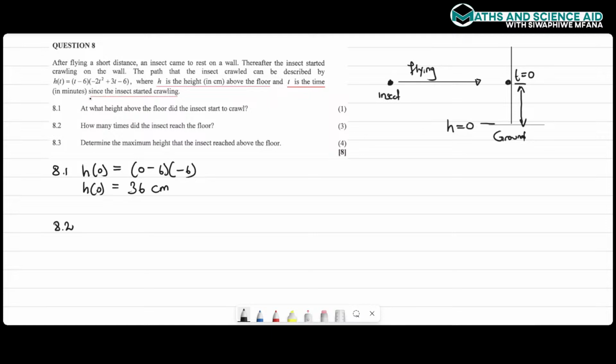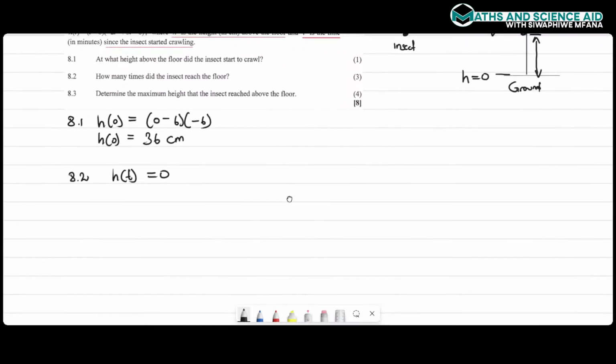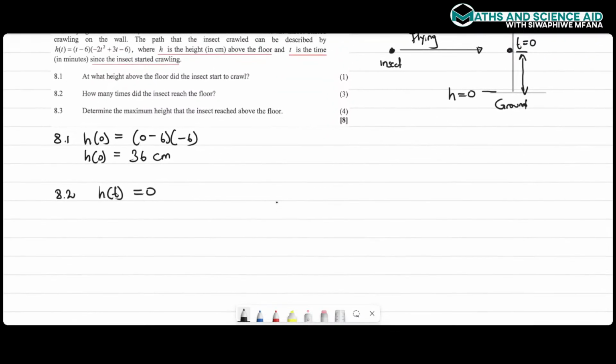So basically, we just need to work out the x-intercepts of that equation, because at the floor, h of t is equal to 0. So this is what we need to solve. But note that we want to determine how many times it reached the floor.